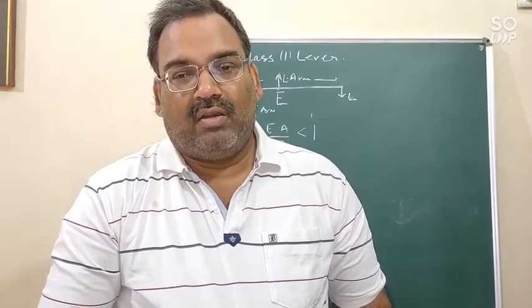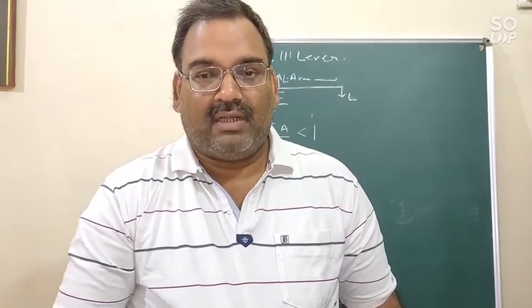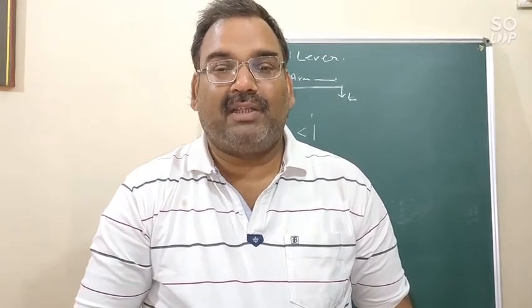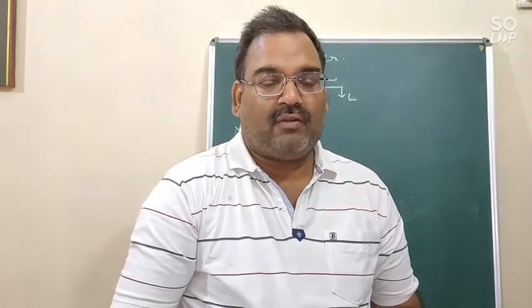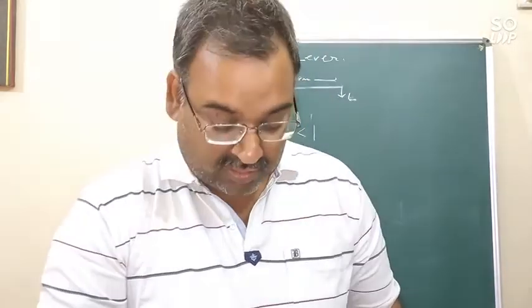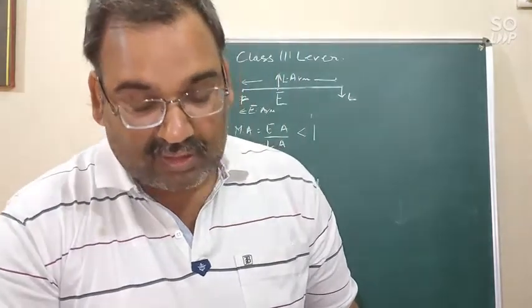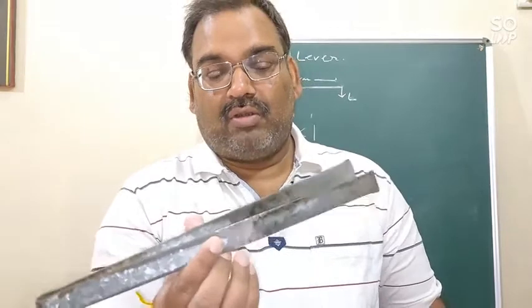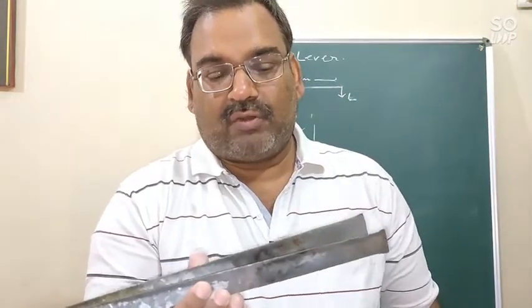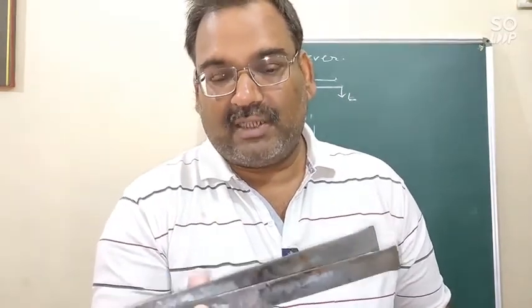So examples of this kind of lever are tongs, chimte, for safety purpose. All kinds of tongs, whether it is sugar tongs, ice tongs, or tongs that are used by your mother at home. They are used for safety also, for sanitation also.